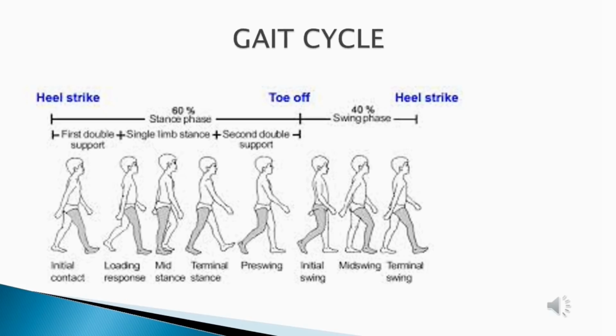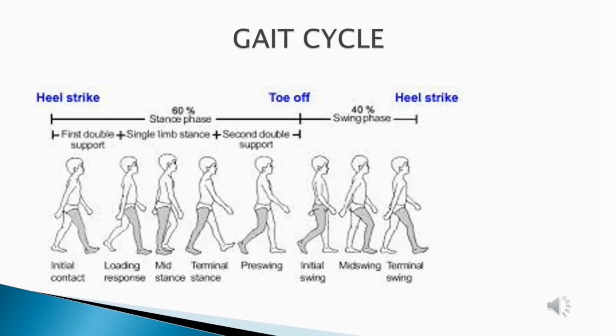It's referred to as the mid-stance phase because it occurs exactly at the midway point throughout the time passage of the stance phase of gait. So this occurs approximately 30% of the time of the entirety of the gait cycle. It occurs at the 50% point of the stance phase of gait.